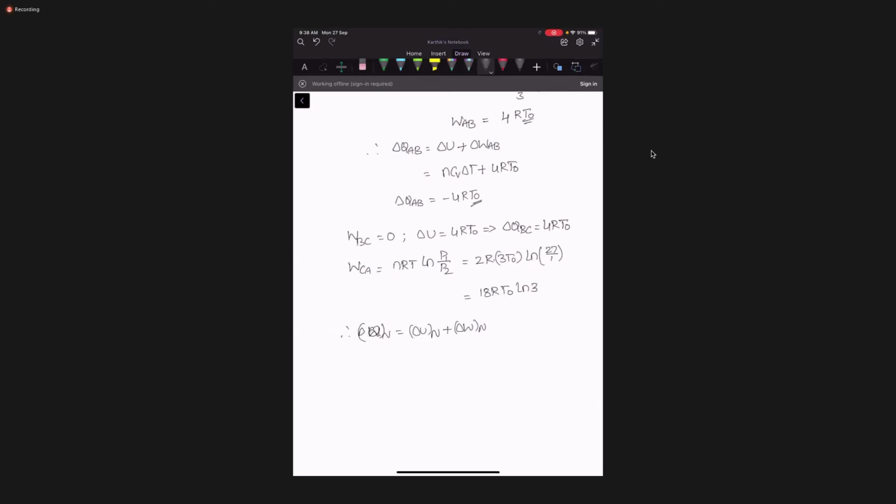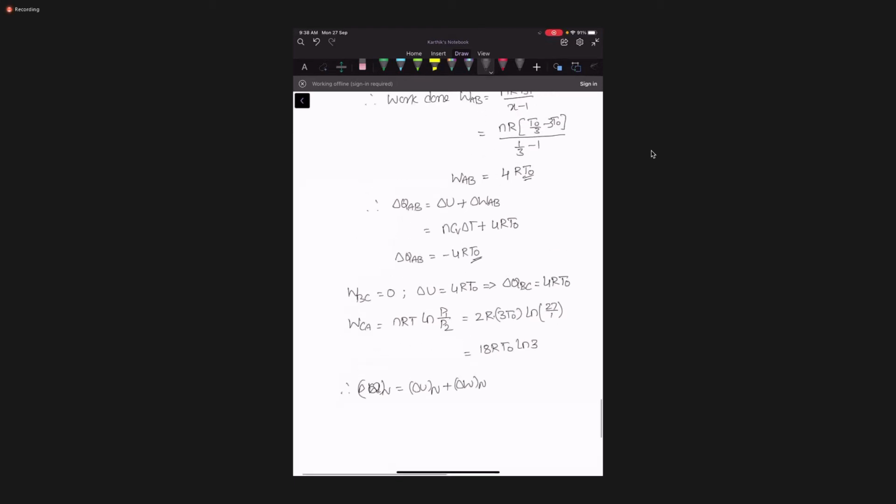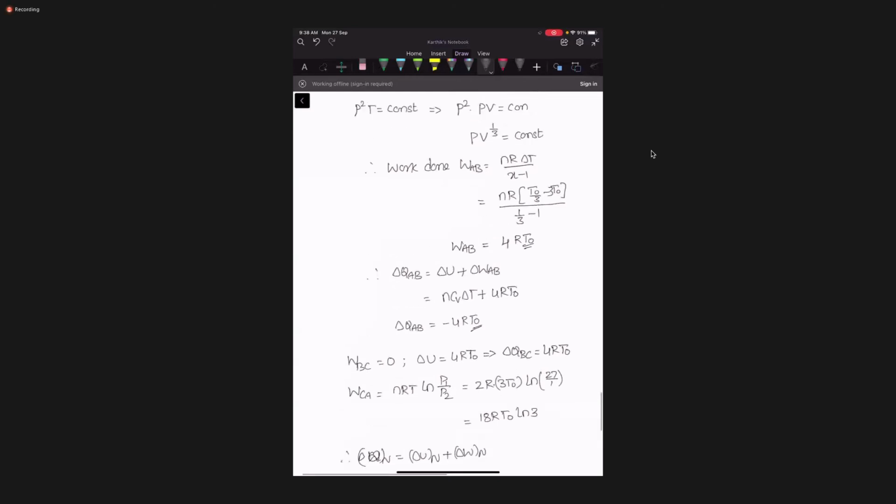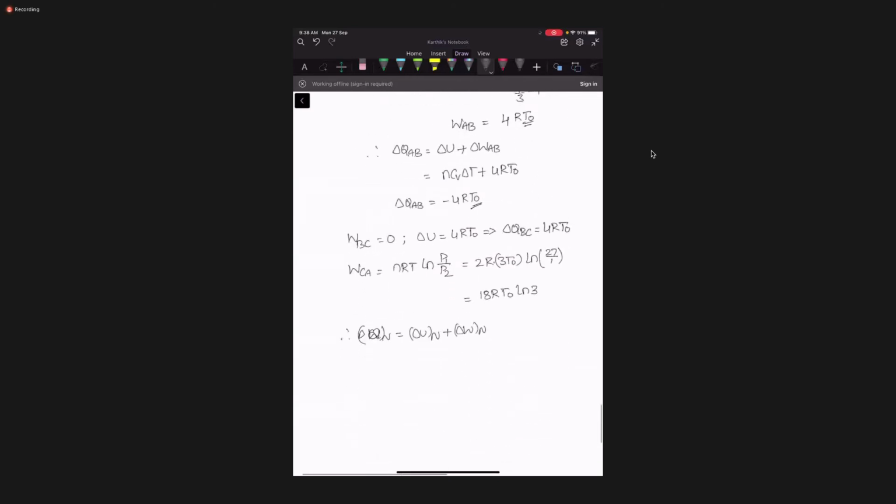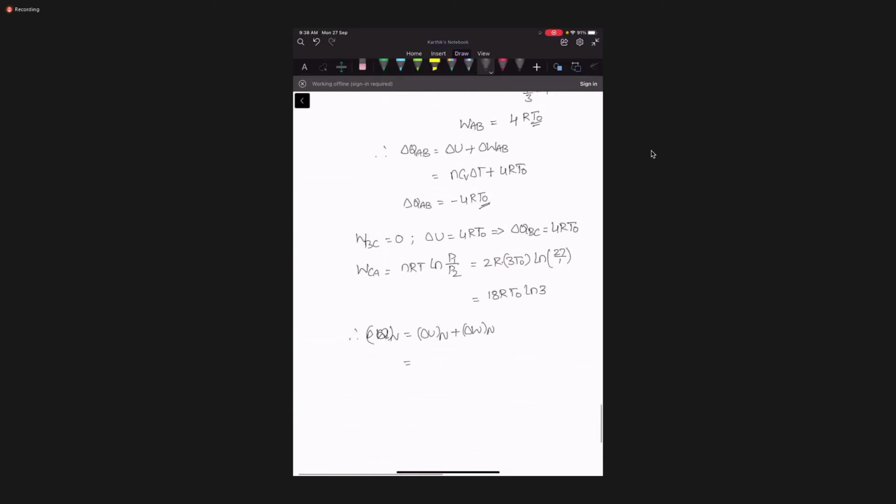So RT naught into 18 log 3 plus 8. How much you got? R T naught into 8 plus 18 log 3, yeah?